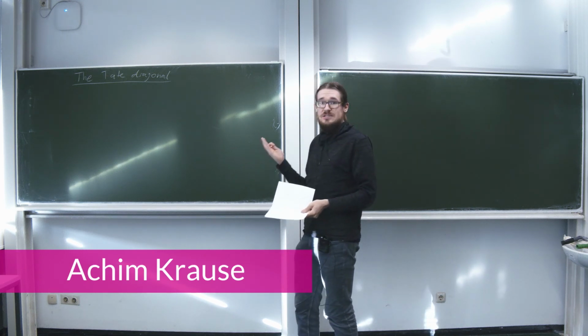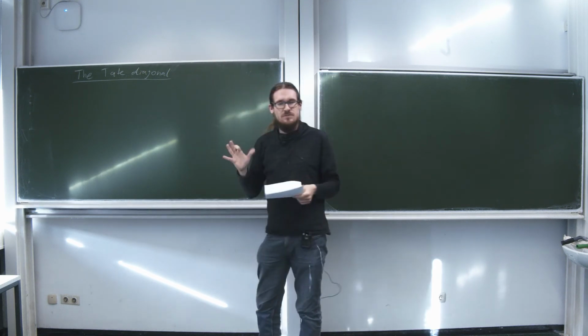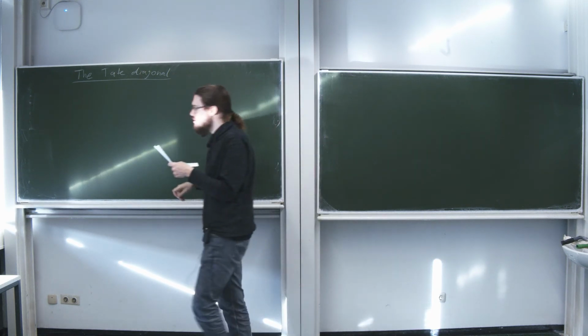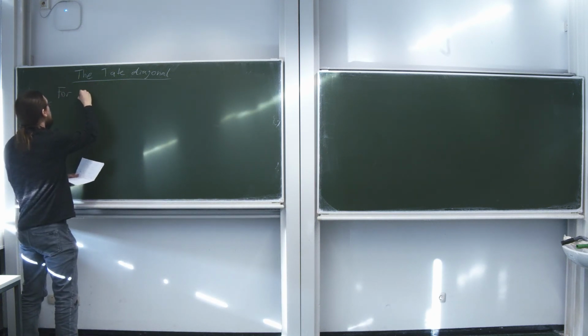Before we can talk about the Tate diagonal in spectra, let's consider some kind of analogy or toy example, which is, let's think about abelian groups.